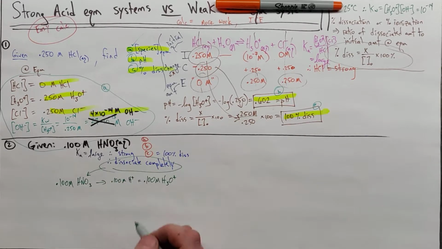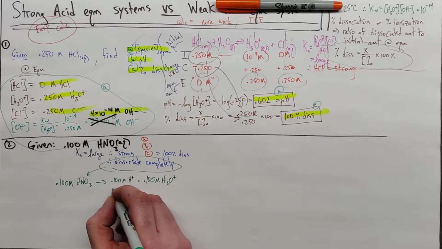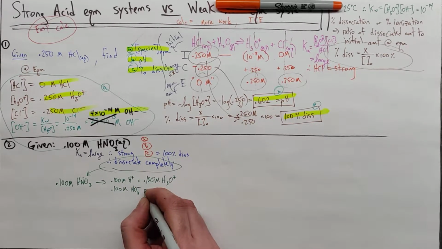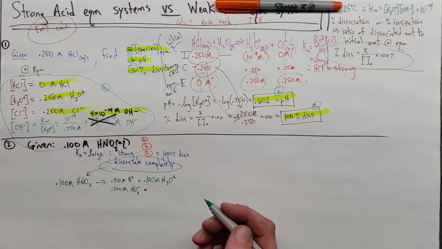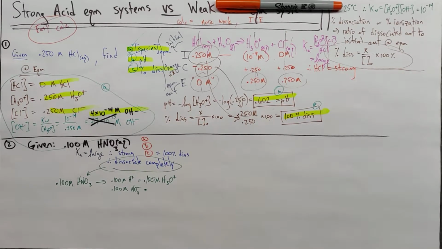If it's aqueous, it's in water, the H pluses will stick to waters and make the hydronium ion, and it'll give me 0.100 molar NO3 minus, which I don't care about because that's not part of our acid or base solution. We can now get our pH, and we can get the concentration of everything we have at the final solution. I guess I do care about that right now.